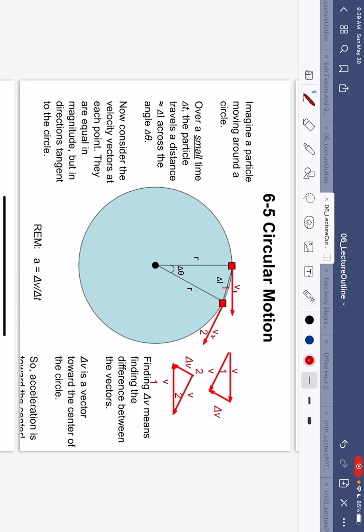Remember the acceleration is V2 minus V1 as vectors divided by the time. The time is a scalar and is not going to affect the direction, and you can subtract two vectors by finding the vector that goes from V1 to V2. This is the direction, and you can see it is towards the center.